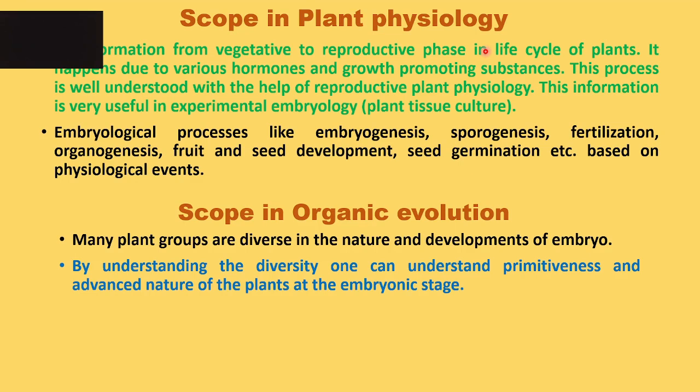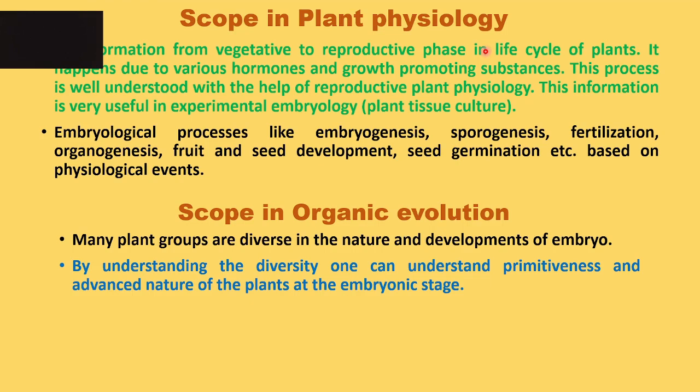For example, naked seeds are the example of gymnosperms, and closed seeds are the example of angiosperms. It is considered that the naked seed is the primitive character, and the advanced character is the enclosed seed.